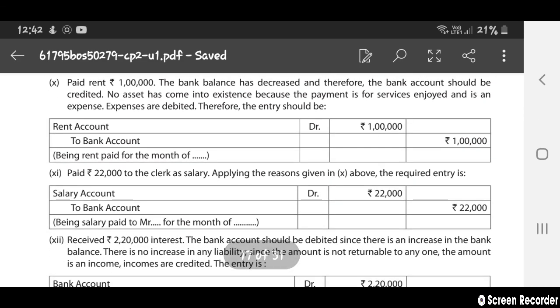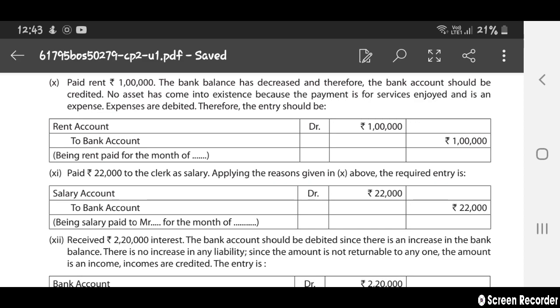Next question: paid rent of rupees 1 lakh. The bank balance has decreased and therefore the bank account should be credited. As you have paid the rent of rupees 1 lakh, the bank balance has decreased, so the account should be credited.